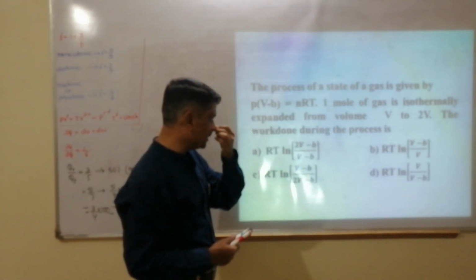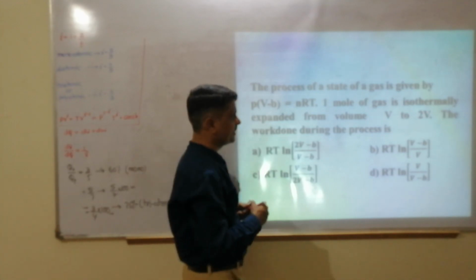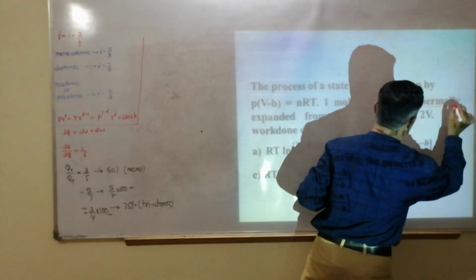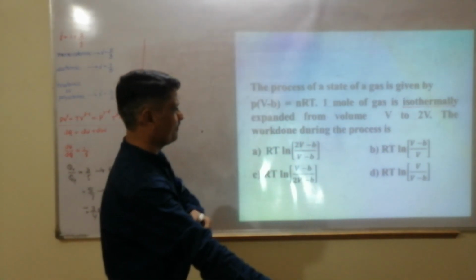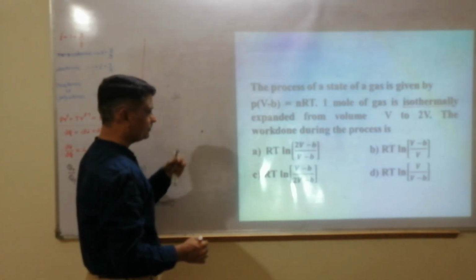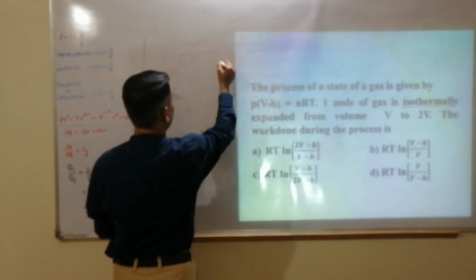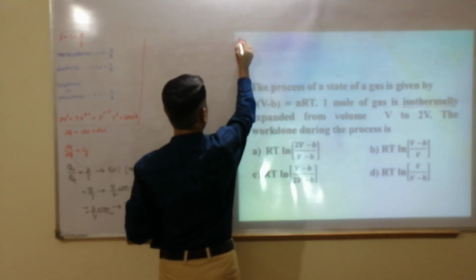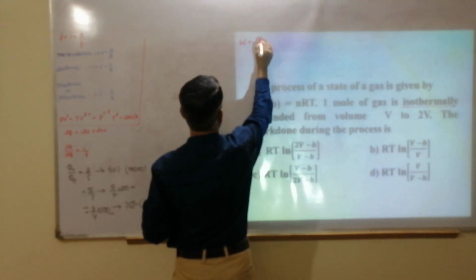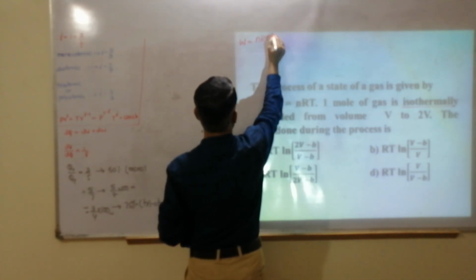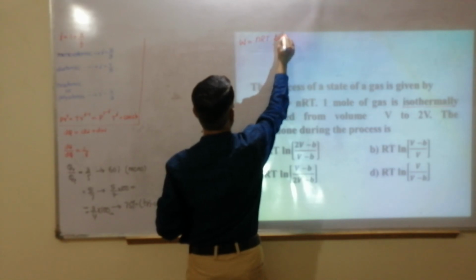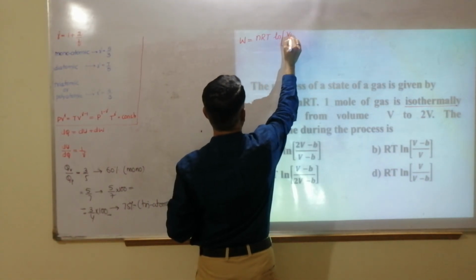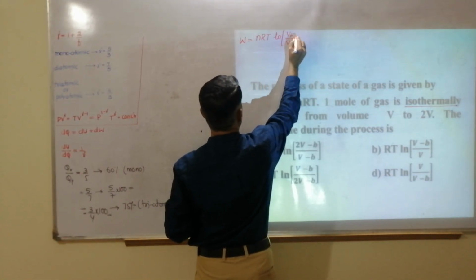The work done during the process is... it is isothermal. As we know, directly we can say the work done in an isothermal process is W equal to nRT ln of final volume by initial volume.